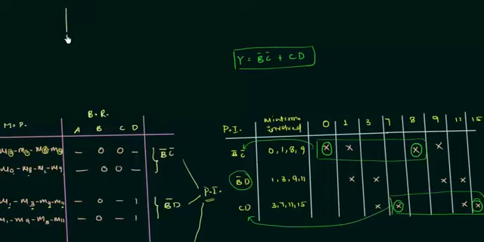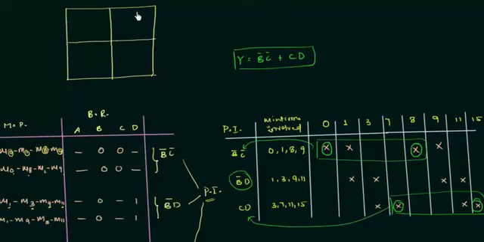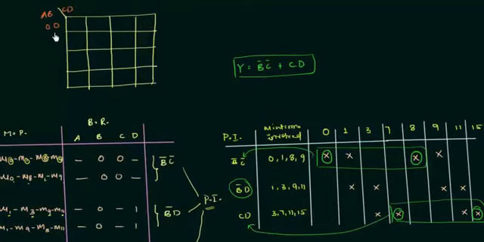If I draw a 4 variable K-map, we are going to have 16 cells. Okay, this is our 4 variable K-map. The variables are A, B, C, D. 0 0, 0 1, 1 1, 1 0, and 0 0, 0 1, 1 1, 1 0.